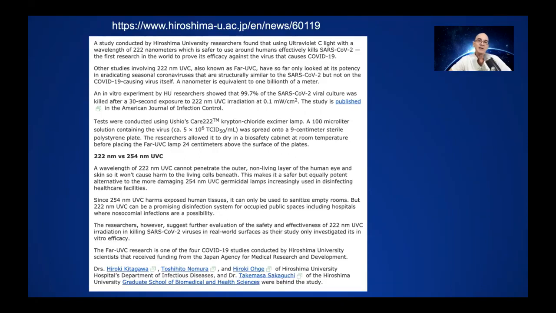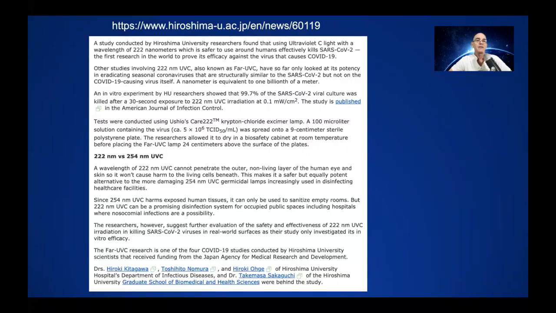And other studies have only looked as far as how good this wavelength is for seasonal coronaviruses, not specifically the coronavirus that causes COVID-19.